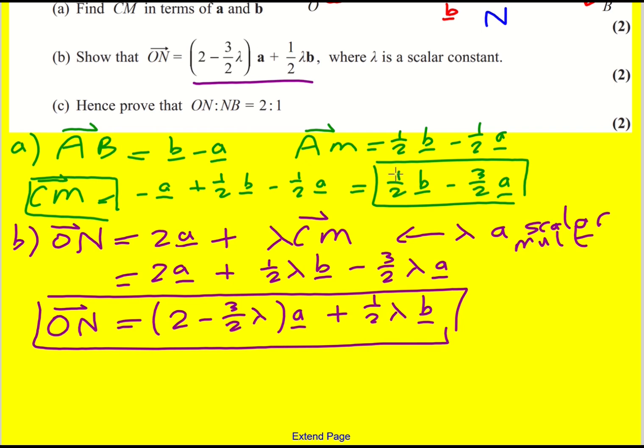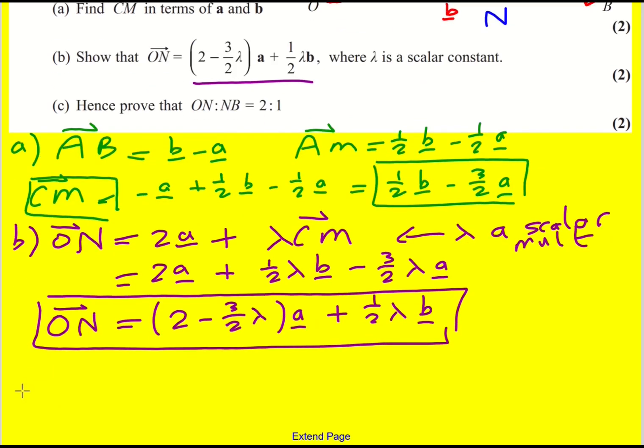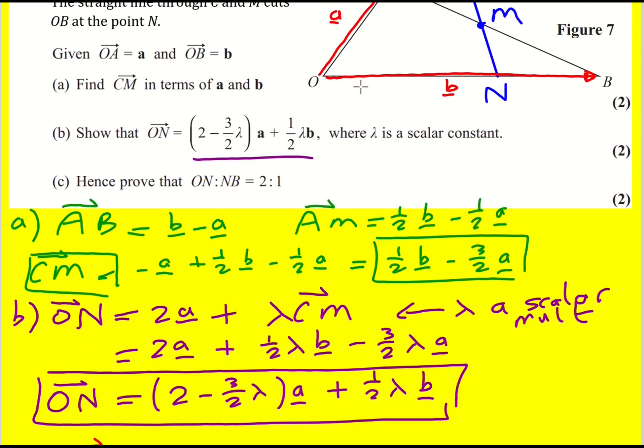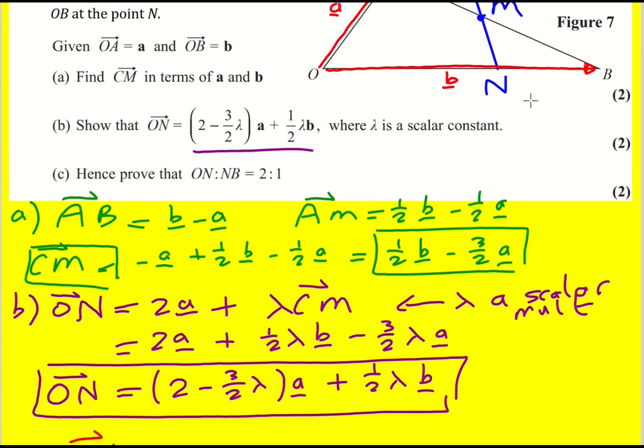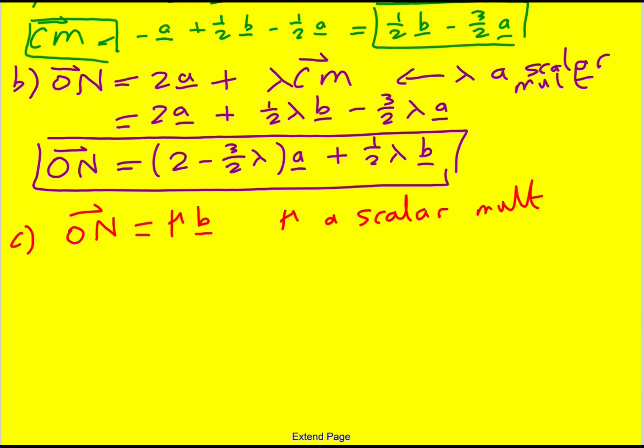Hence prove that ON to NB is in the ratio 2 to 1. So to do this, I've got ON involving a scalar. I'm going to write down ON as another multiple. It's actually just going to be a multiple of B. I'm going to write it as mu B. And then I can set them equal to one another.